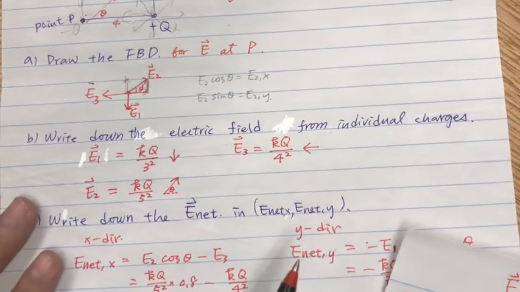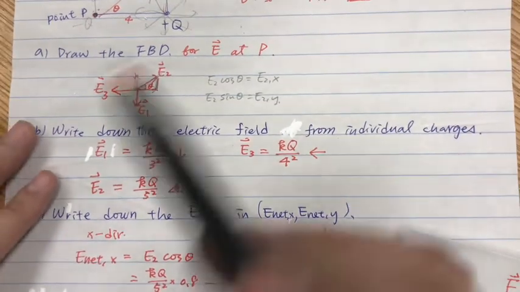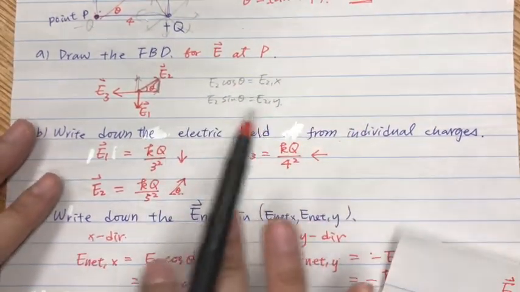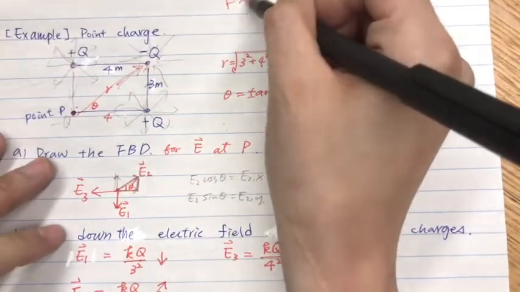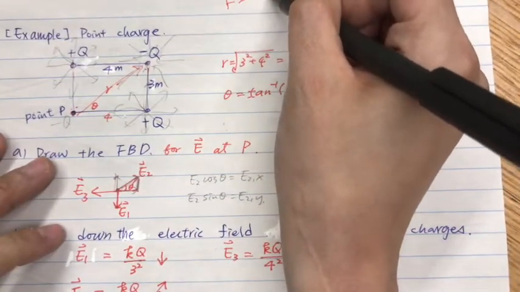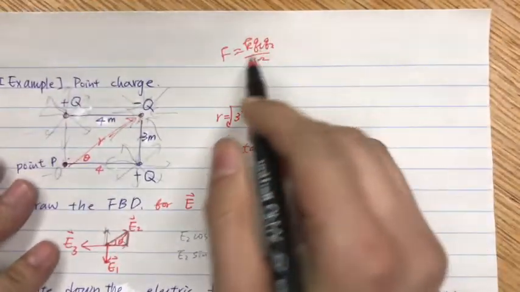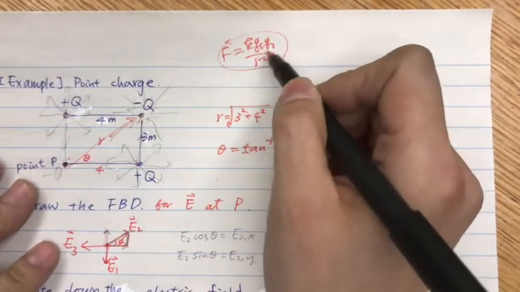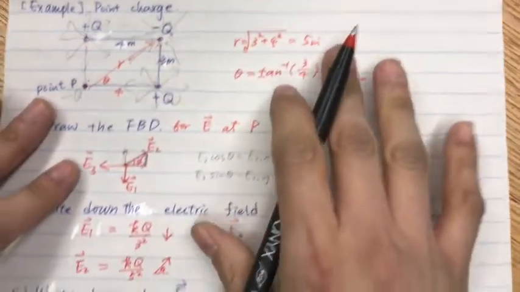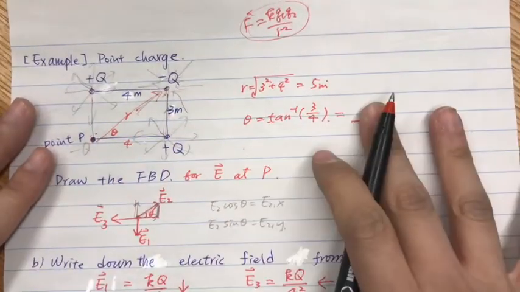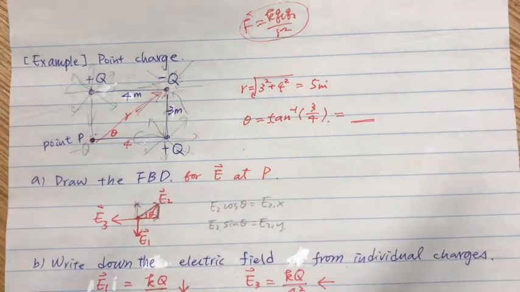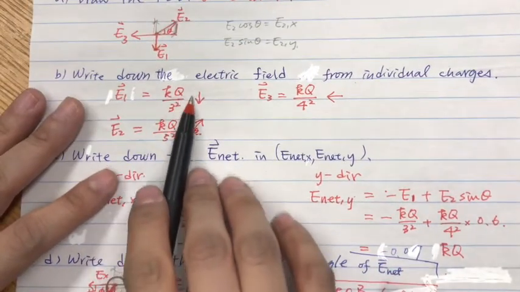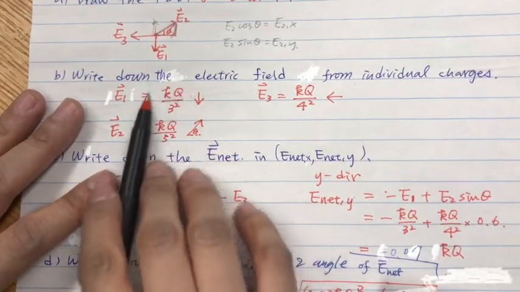And there are many ways to do this, and the way I choose to do this is not because KQQ over R squared is wrong. It's not because this is wrong, this is completely correct. But when it comes to the vector, I like to be very careful about the numbers and the magnitude. So here, what I always do is I only calculate the magnitude.